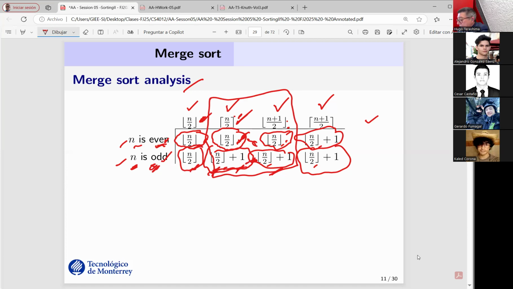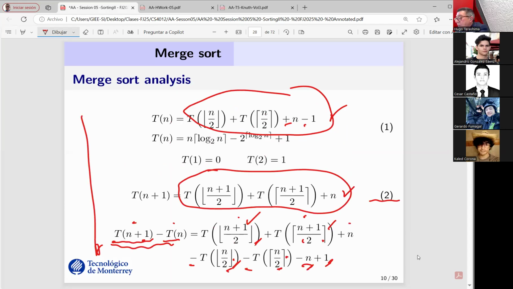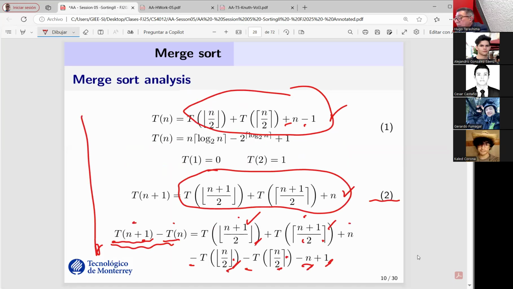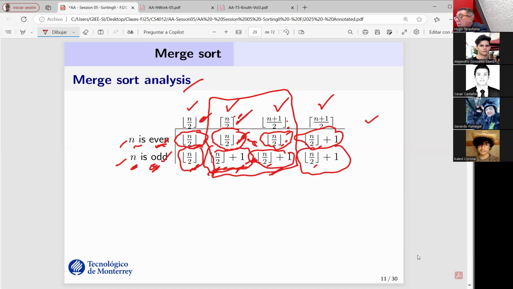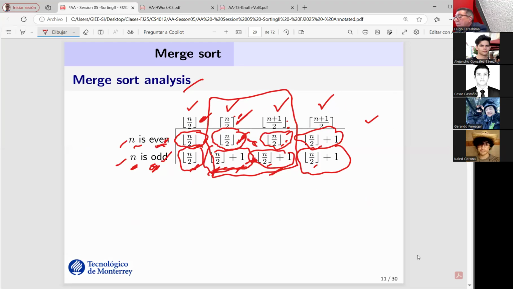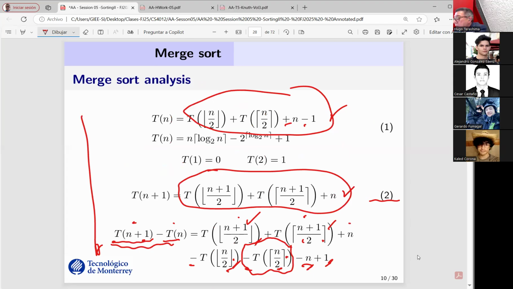And in fact, in the equations here, n plus 1 over 2 ceiling, n over 2 ceiling is this one. And this is the same as n plus 1 over 2 floor, right?